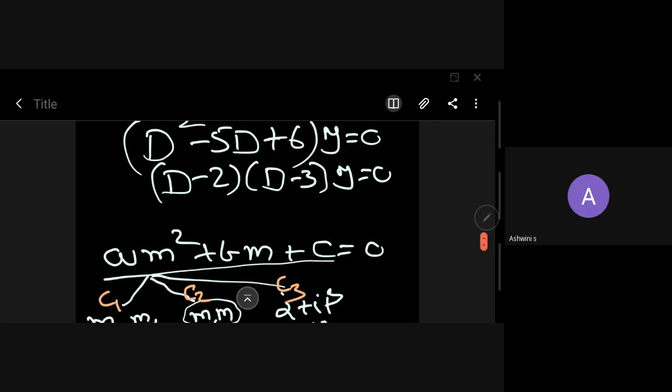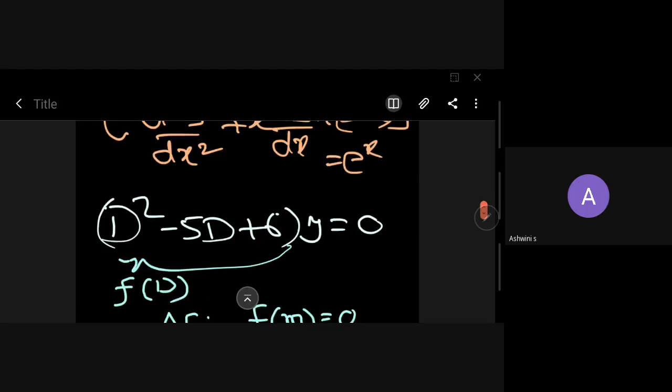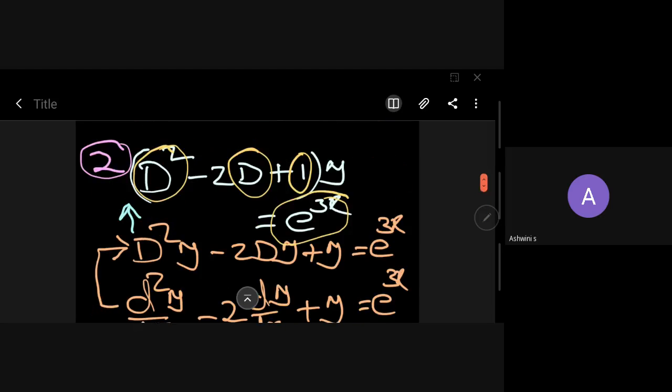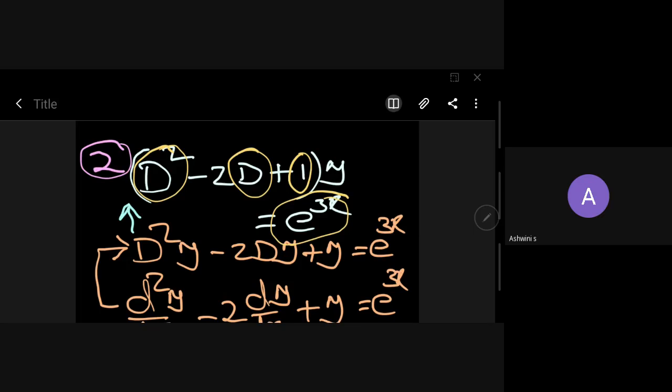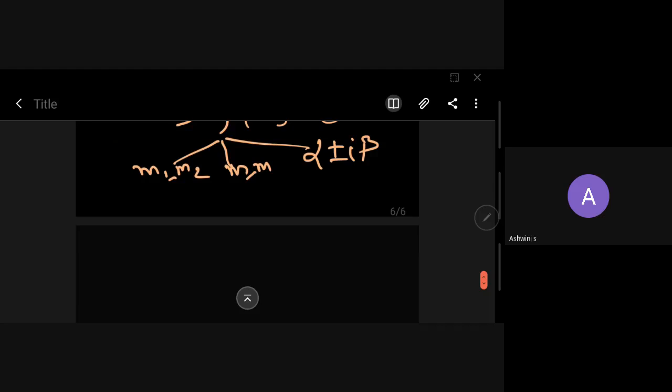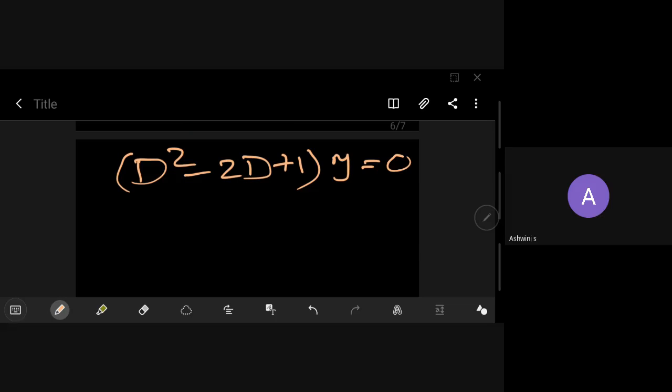So, for example, we have seen the second example here: D square minus 2D plus 1 acting on y is 0. If you want the solution, what is y? Solution means y.